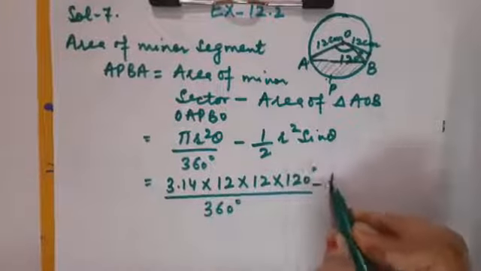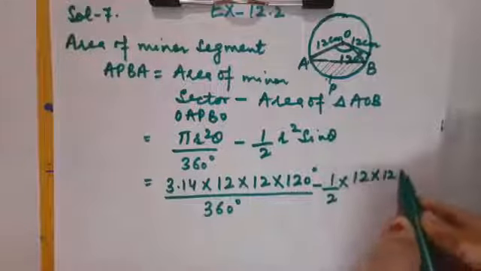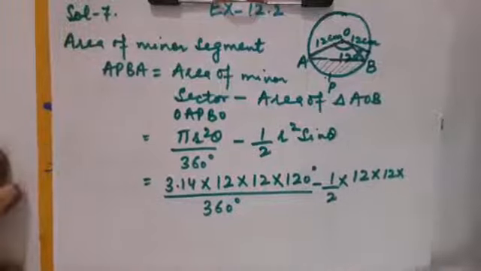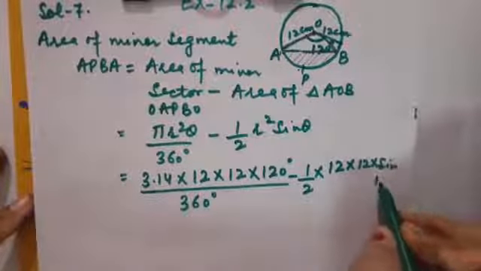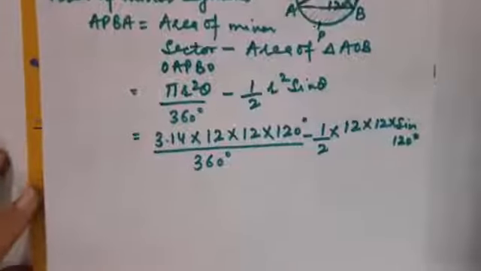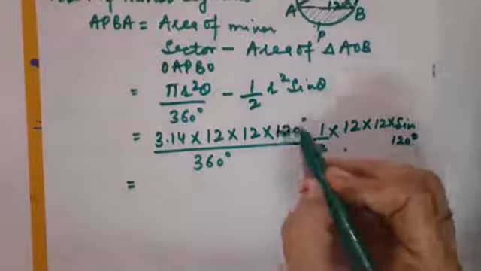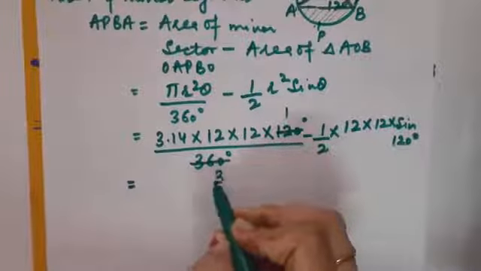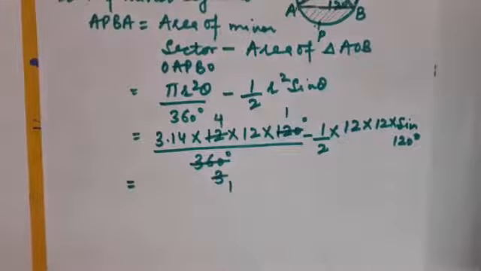This is minus half into 12 into 12 into, now please be alert, sine 120 degree. Children, yesterday I explained to you that sine 120 is equal to cos 30 degree. So let us cancel them. 120 ones are 120, threes are, 3 ones are 3, 3 fours are 12.